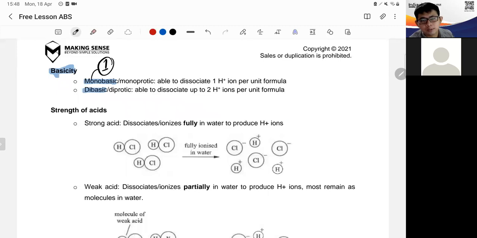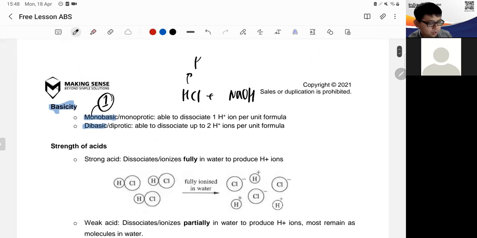For those who haven't done mole concept on stoichiometry, that's fine because it's not that tough to understand. It's like saying that if I have one of this, it should be able to react with one of this. If I put it even more simply, 1 H plus is able to neutralize 1 OH minus in a neutralization reaction. That's actually what monobasic means.